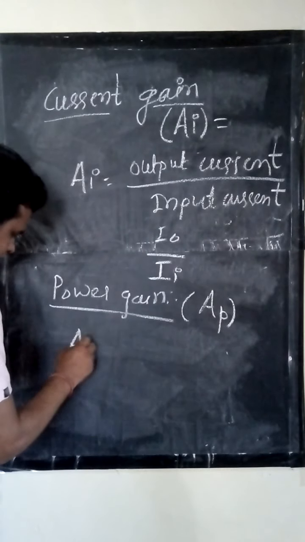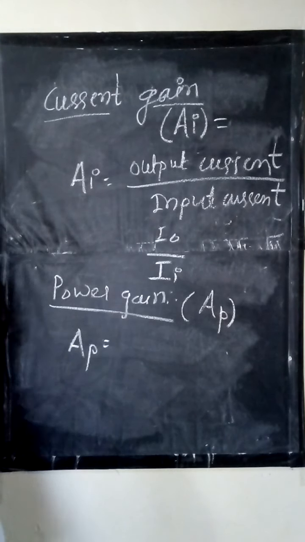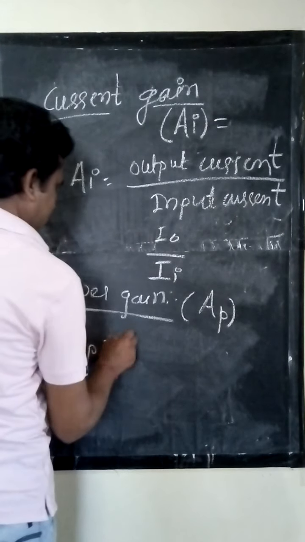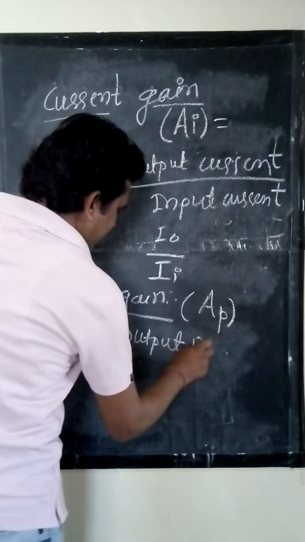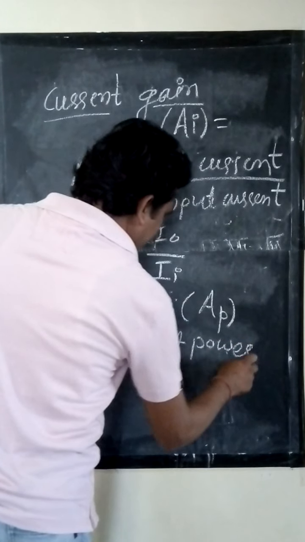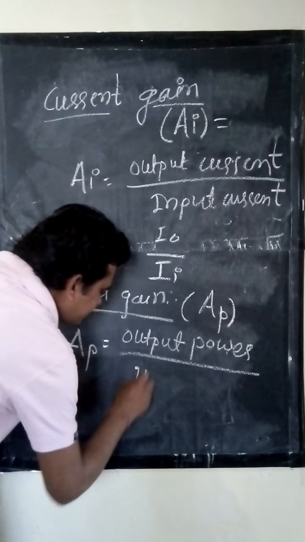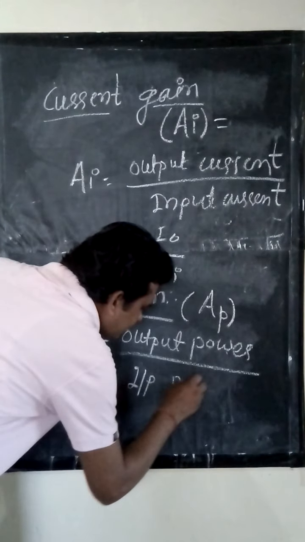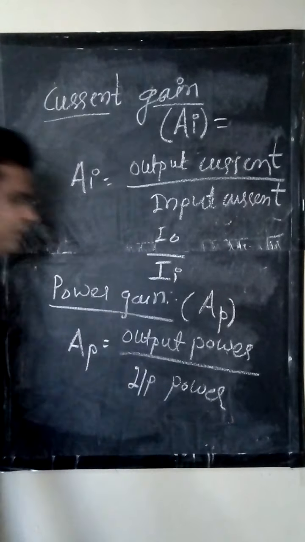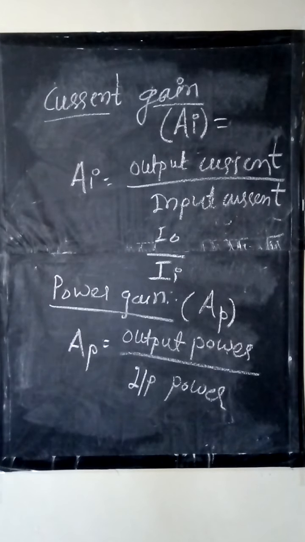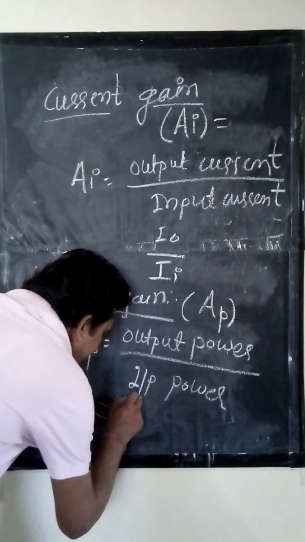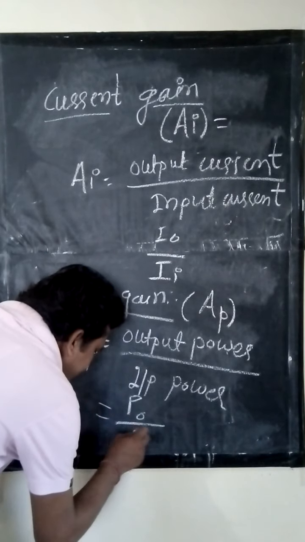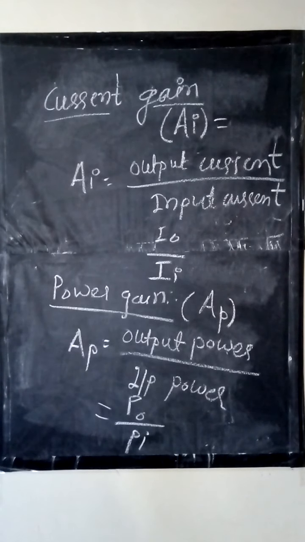So AP equals output power divided by input power, that is P0 divided by Pi. This is the power gain.